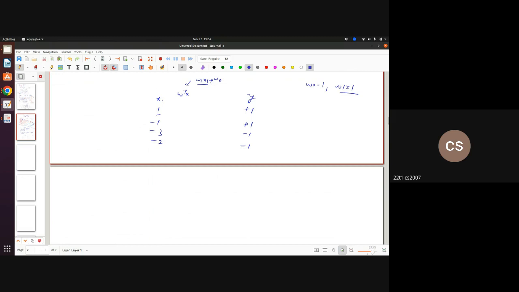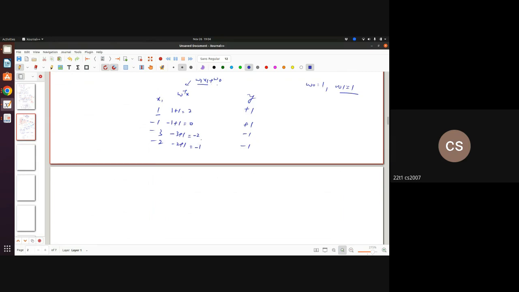W1 x1 plus W0. W1 is 1, so you multiply this with 1, add 1. Let me write this down. Multiply this with 1, add 1. Minus 1 plus 1, minus 3 plus 1, minus 2 plus 1, right? And that is 2, 0, minus 2, minus 1, right?